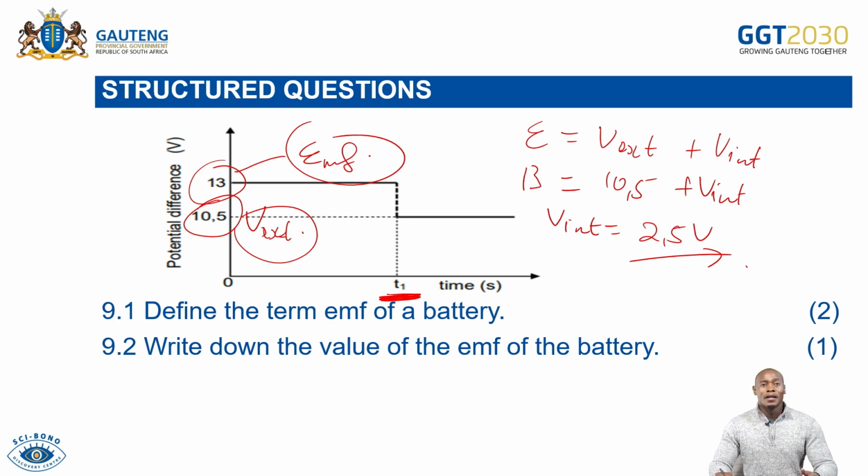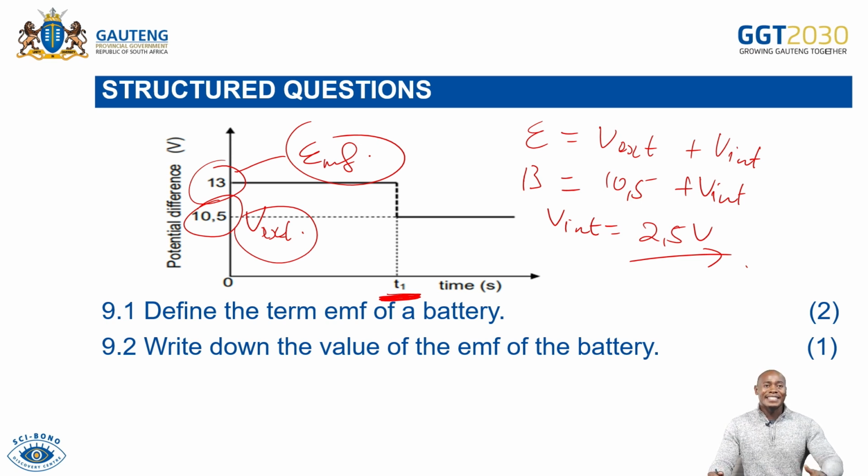They will say, when the switch is open, the voltmeter, which is connected across the terminals of the battery, reads 13 volts, right? Or the reading on the voltmeter is 13 volts. Then now when the switch is closed, the voltmeter reading decreases by 2 volts, for example.